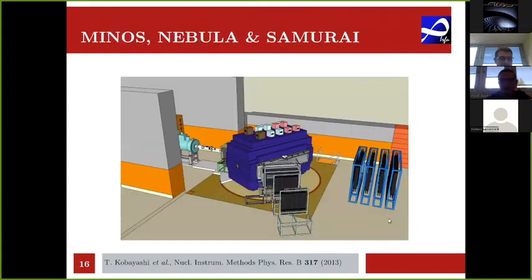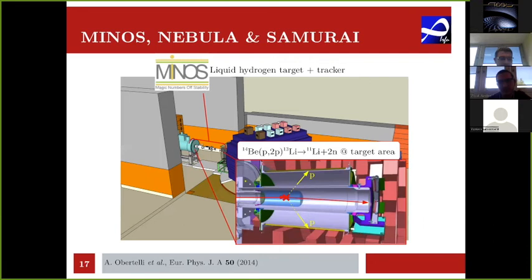Now, what is this SAMURAI setup that was mentioned here? So it looks like this, and it has its name from the SAMURAI magnet, which is this big blue box in the middle. And first, as I mentioned previously, the cocktail beam impinges on the liquid hydrogen target, here in that case the MINOS system, which is a target surrounded by a TPC.